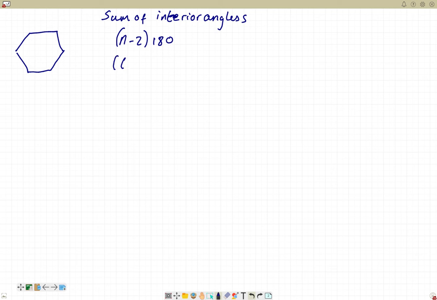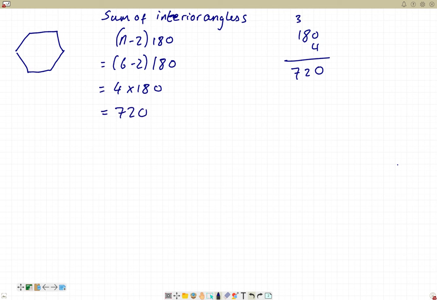So the number of sides is 6. Take away 2 times 180. That gives me 4 times 180, which is 720.